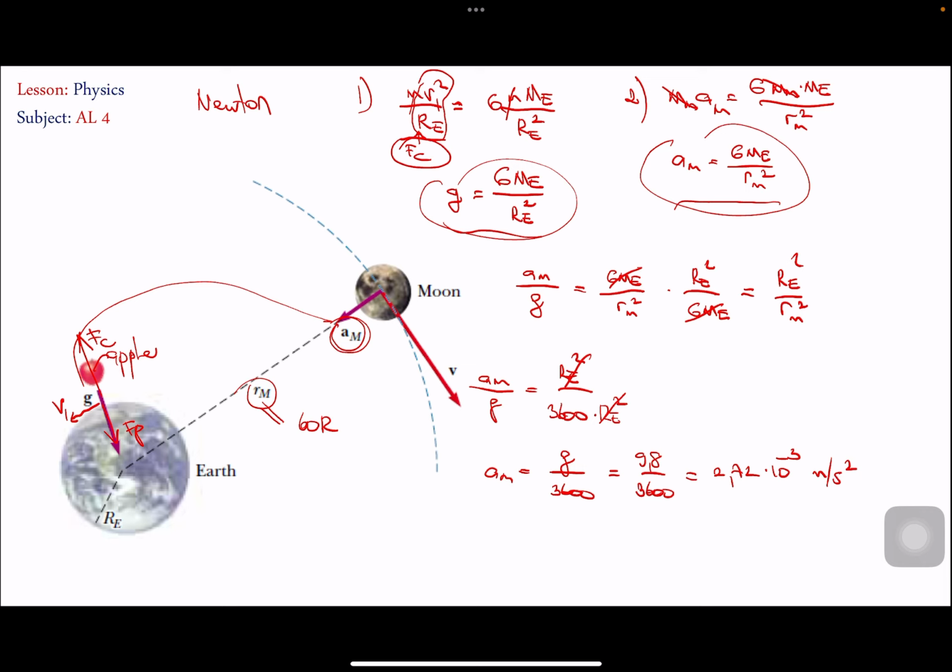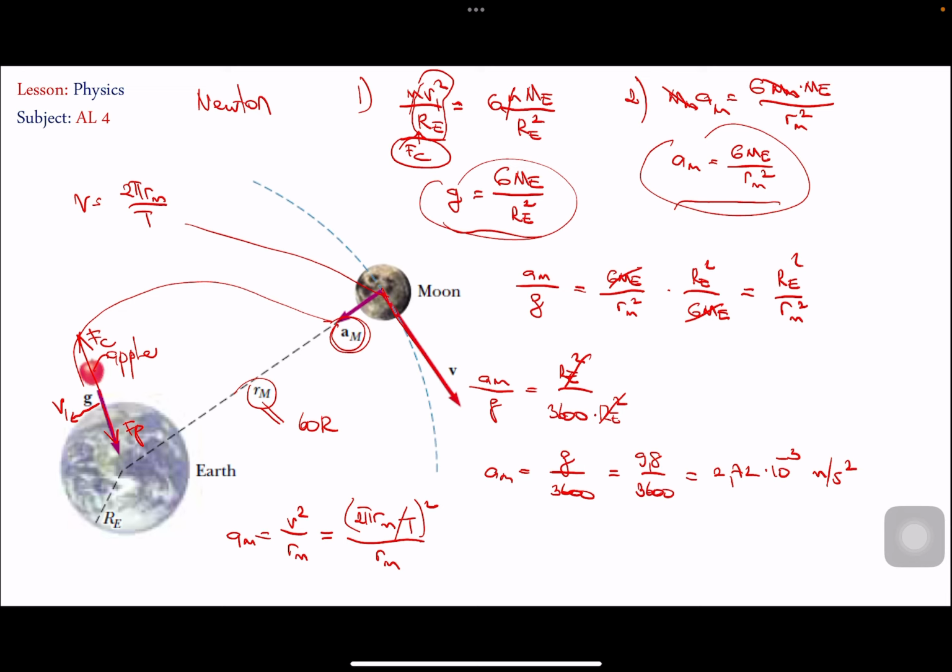On the other hand, I can also prove it by another method, that is v squared, the speed of the Moon's revolution, over the radius from Moon to Earth. If I know the period, I know that the speed will be equal to 2πr of moon over T. So I can write it as 2πr of moon over T, squared, and over the radius of moon.